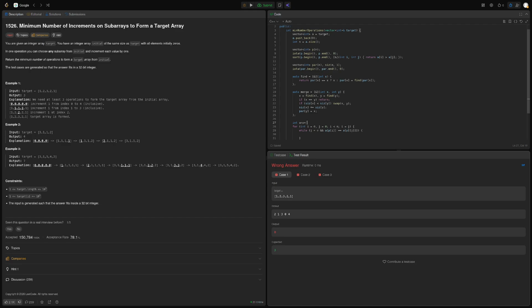Once is this, and last val, I guess. So we don't have that. So what do we do? Well, we need to keep the number of components. So let's say the number of components is this, then we will do comp plus plus.